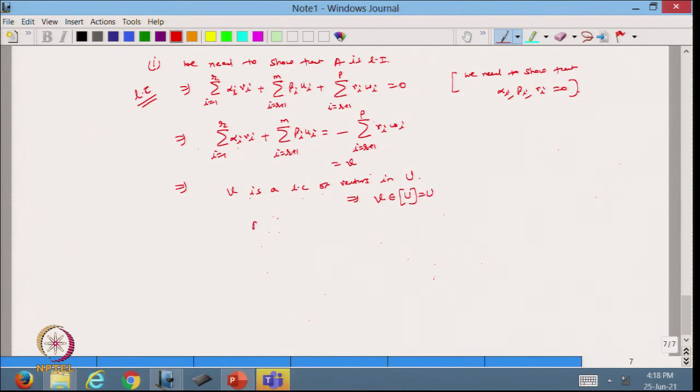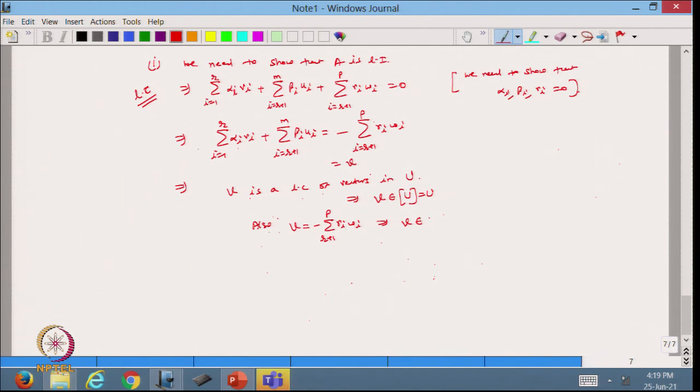Also, V is minus summation R plus 1 to P gamma i Wi, which implies that V can also be written as a linear combination of Wi's.